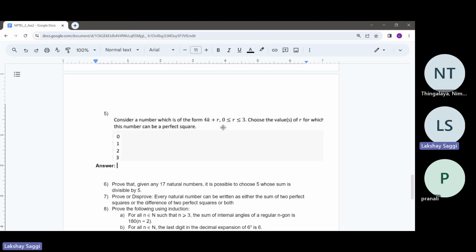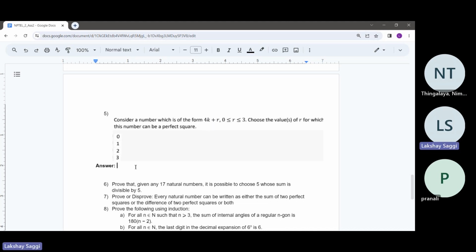So maybe there exist classes of numbers, like for r equal to 2. Let's say any number written in the form 4k plus 2 will or will not be a perfect square. So the problem is basically: if a number is a perfect square, then what possible values of r can that number take?